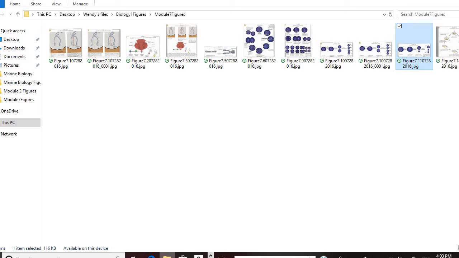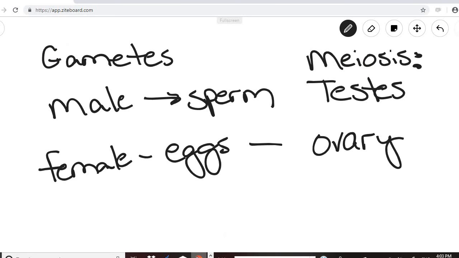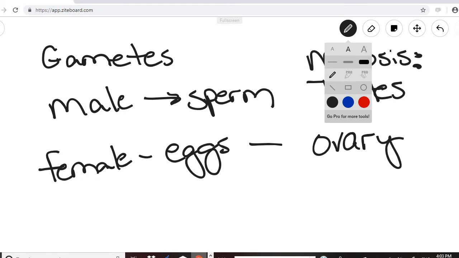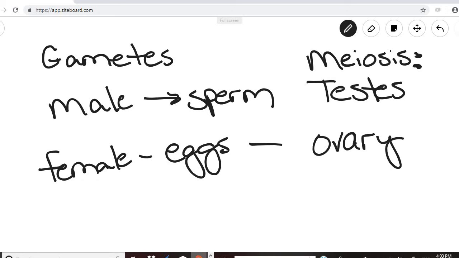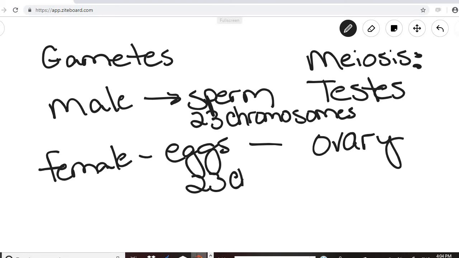So let's go back to the whiteboard briefly. So then, when we are done with meiosis, the male sperm has 23 chromosomes, and the egg has 23 chromosomes.